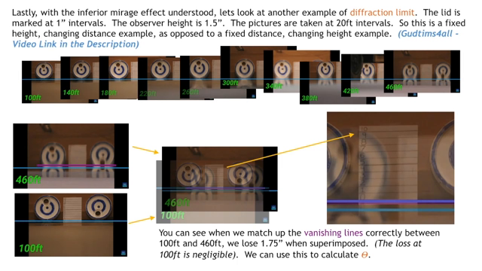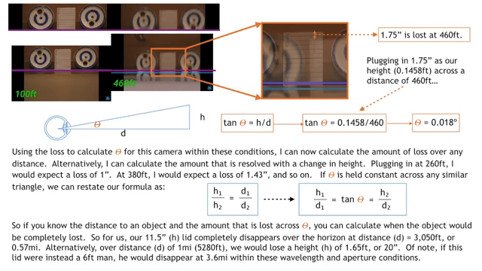And again, we can use this to calculate theta for this particular wavelength, diameter, and aperture camera. So we'll do that here. Again, this 1.75 inches is lost at 460 feet, so we plug in 1.75 inches as our height, which is 0.1458 feet, across a distance of 460 feet.